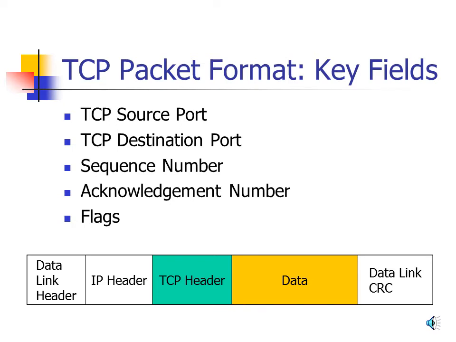TCP packet format key fields. In our diagram here, we have a packet, and let's focus in on the data portion and the TCP portion. Now, the data portion would be another protocol and some data. For instance, this might be an HTTP packet inside the data, and inside the HTTP packet would be HTML. Now, HTML is the actual data that creates a web page.